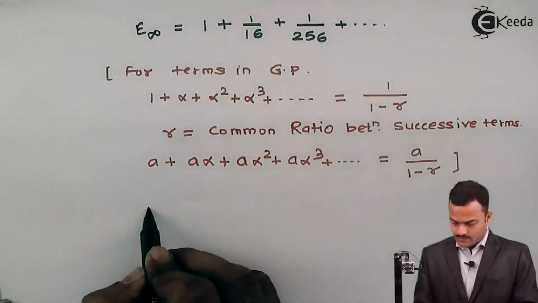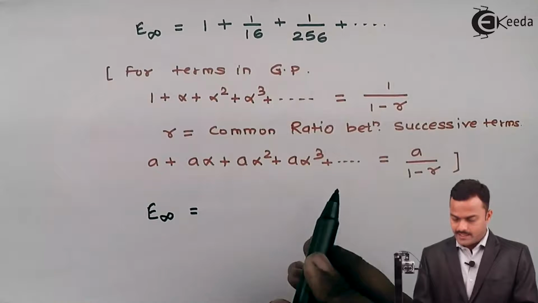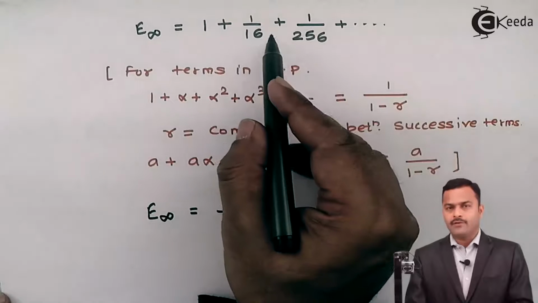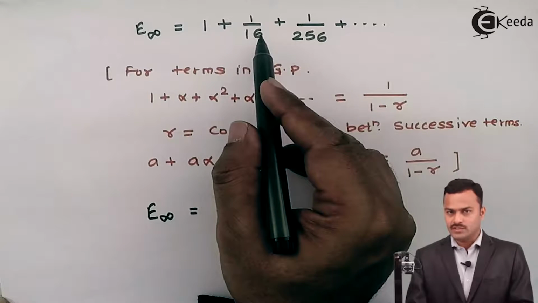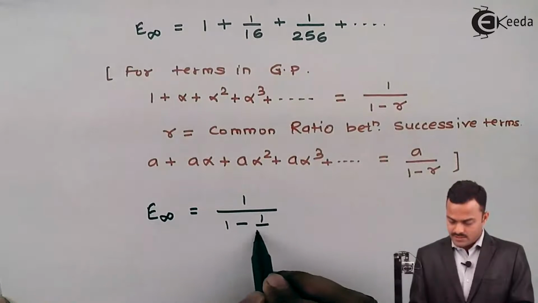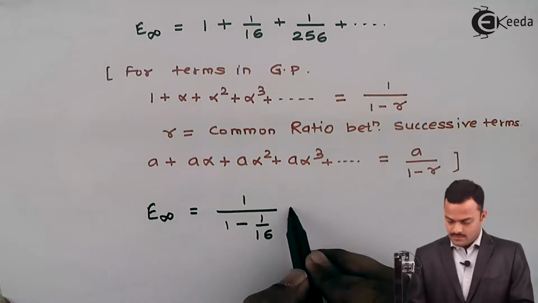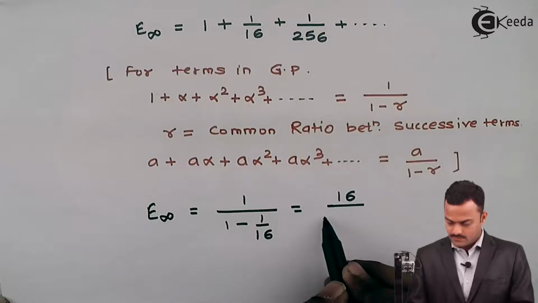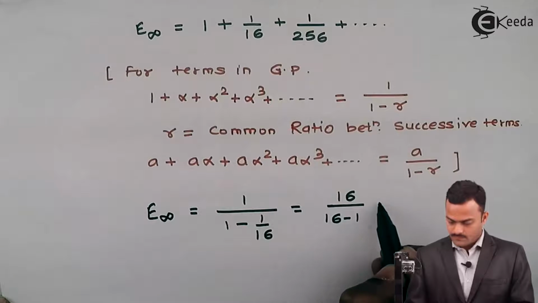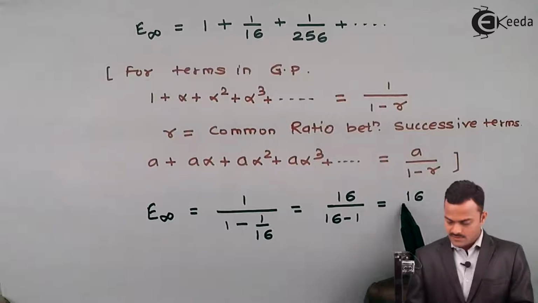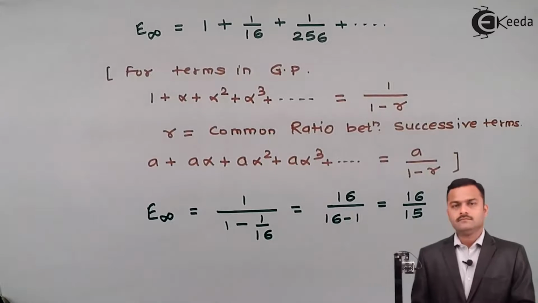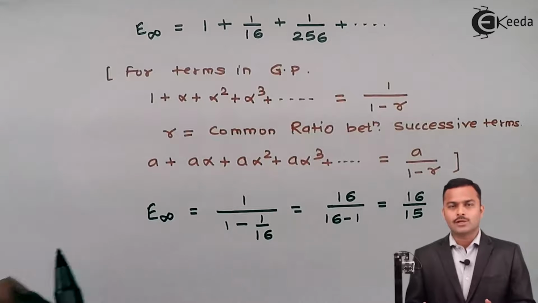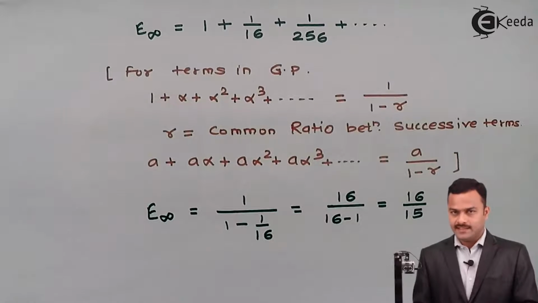So E infinity I'm getting as 1 upon 1 minus, and if I find the ratio between successive terms, it is 1 by 16. If I simplify this, I am getting the answer 16 upon 15, which is a finite number. So energy is finite, no need to check for the power. The signal is an energy signal.